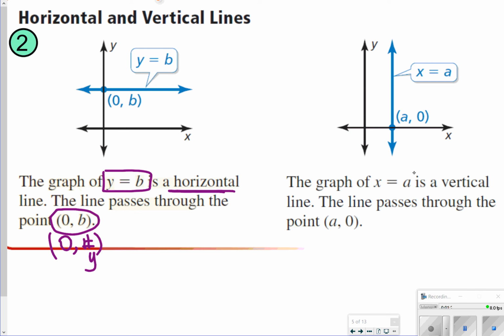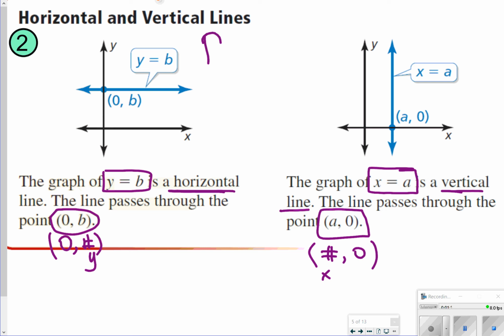The same thing is true if you plot a point on the x-axis: it will create a vertical line, and that line will pass through the point a, 0, where a is a number on the x-axis and 0 is the movement on the y-axis.